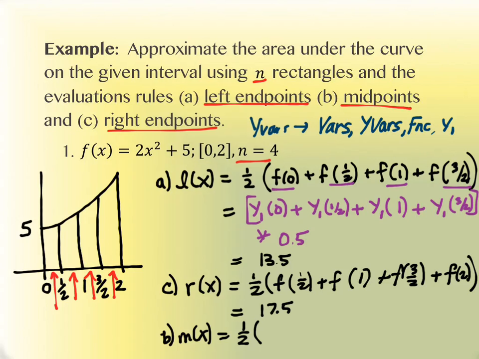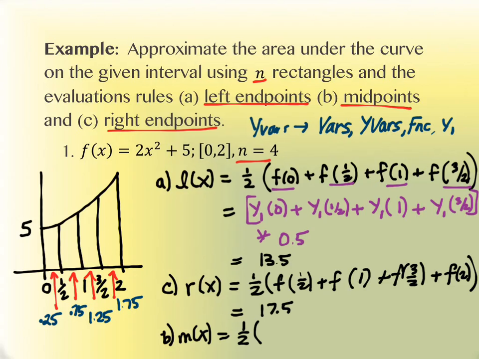What is the first midpoint? 0.25 or 1/4. I'm going to use decimals since you suggested it. So the first one's 0.25. What's the second one? 0.75. The third one? 1.25. And the fourth one? 1.75.